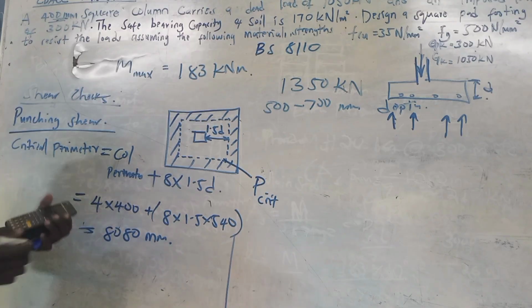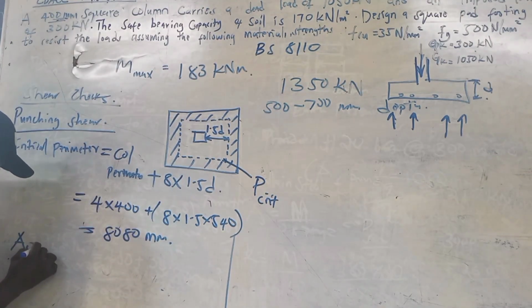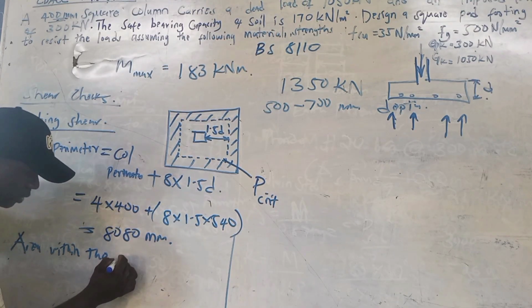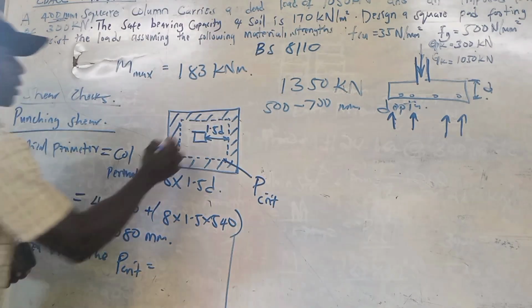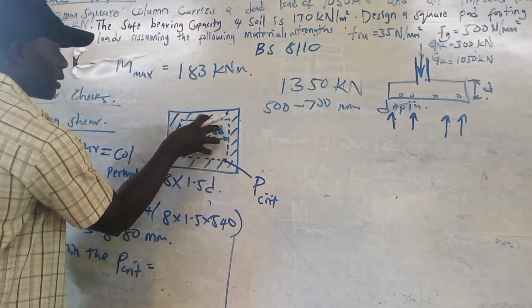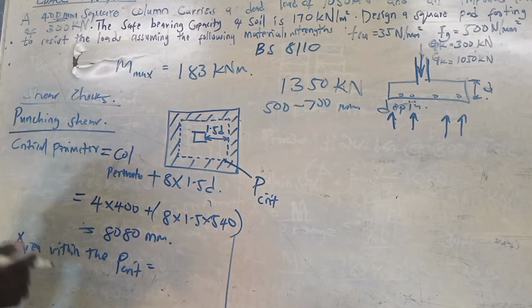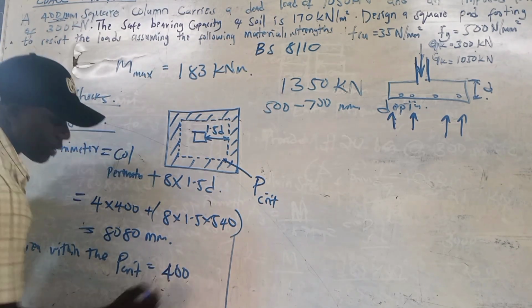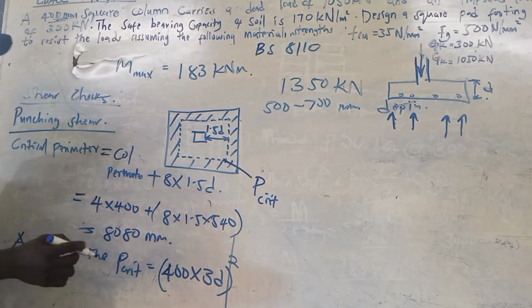Next, we're going to find the area within the critical perimeter. Okay? This one here. The area inside here. How do we arrive at that? So you're going to say (400 plus 3D) squared.